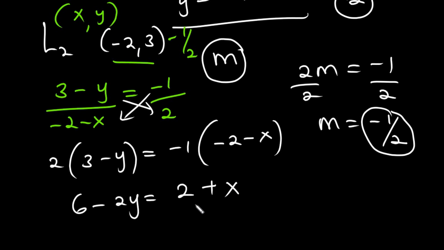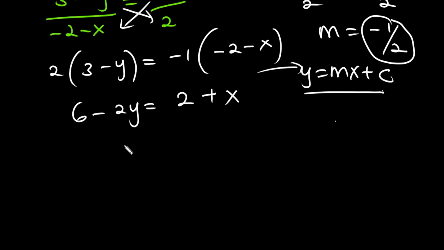We now need to write this equation in the form y = mx + c. Though we are not told to write it in this form, it is always good to write an equation of a line in this form. So we need y on this side.